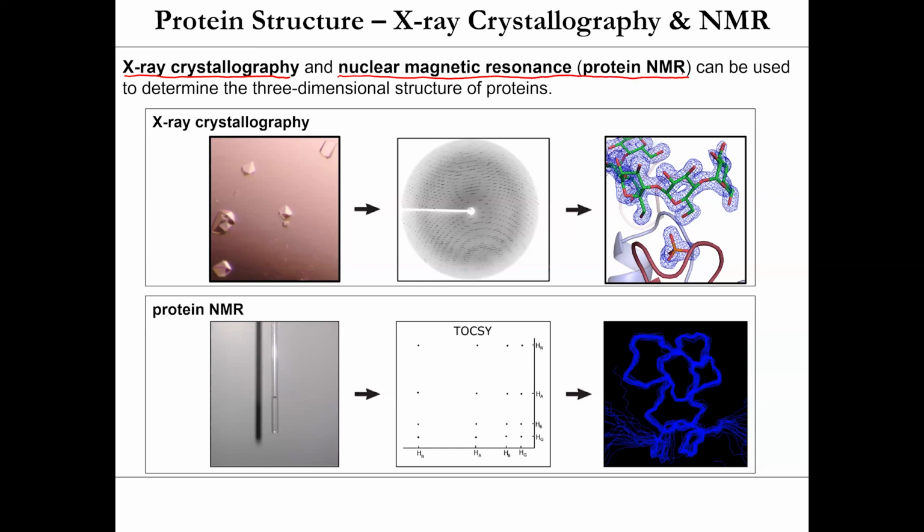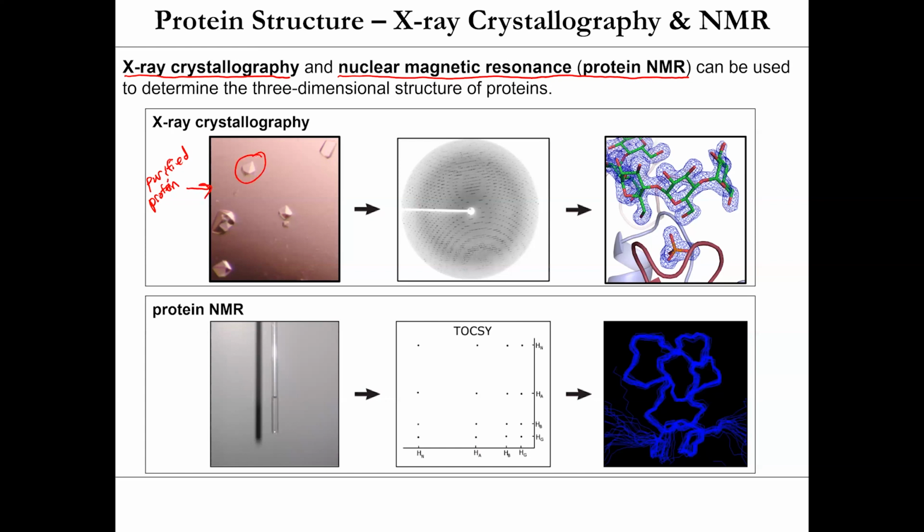So these can both be used to determine the three-dimensional structure of proteins. So X-ray crystallography, that's more bio background. I used to do a lot of X-ray crystallography research. And how X-ray crystallography works in a very general sense is you would take your protein, purify it to a very high degree, and then you crystallize it by mixing it with different chemicals, which allows you to make a protein crystal.